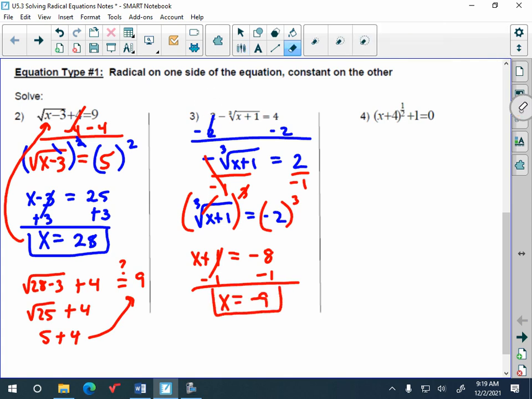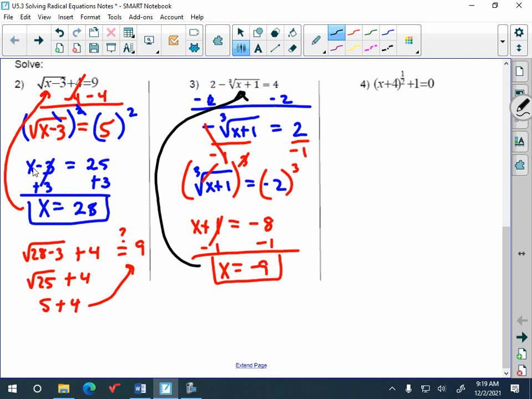All right, so now we want to go back and check to see, does it work? So 2 minus the cube root of negative 9 plus 1, does that equal 4?